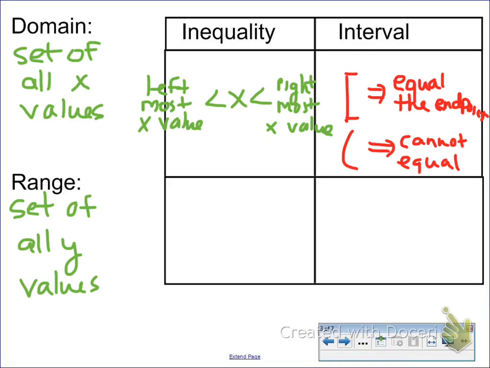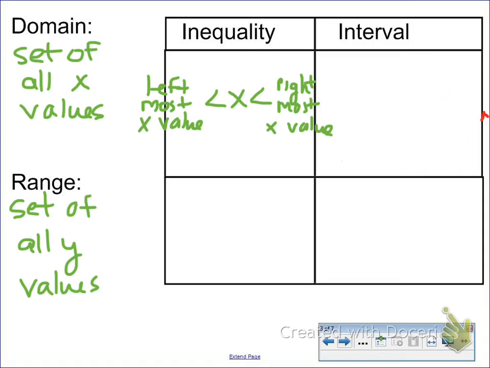But it's the same thing for interval notation in the sense that you are going to write the leftmost x value on the left and the rightmost x value on the right.